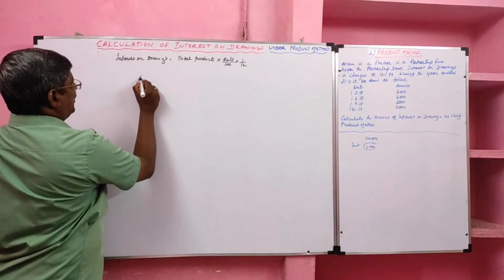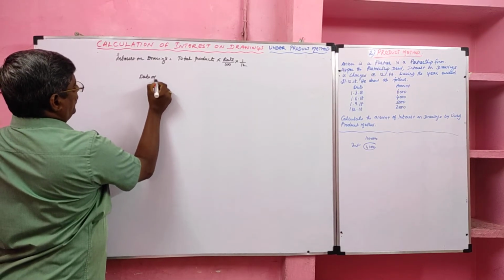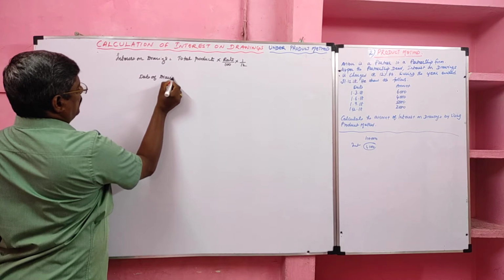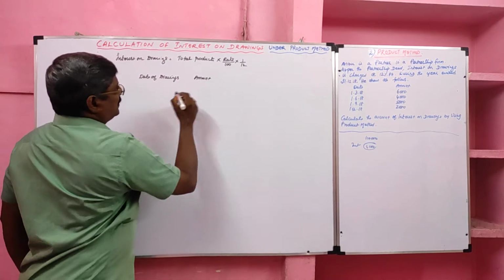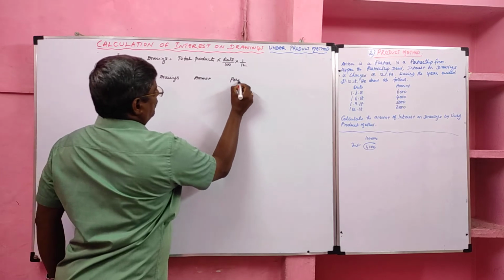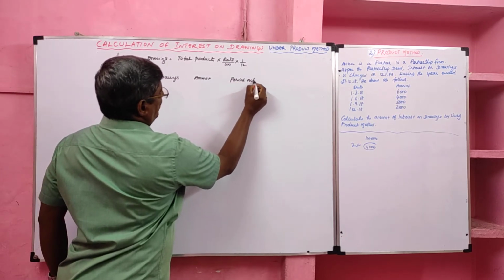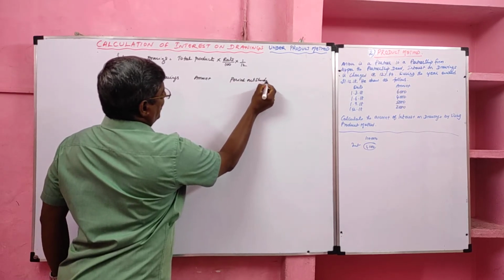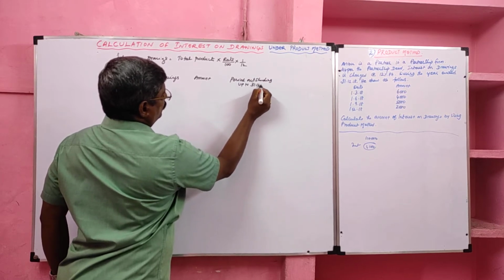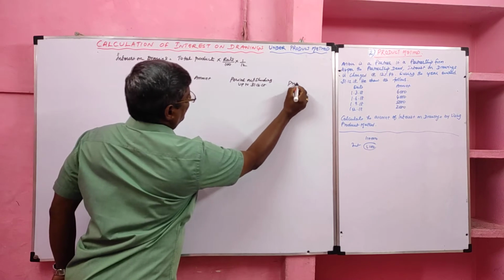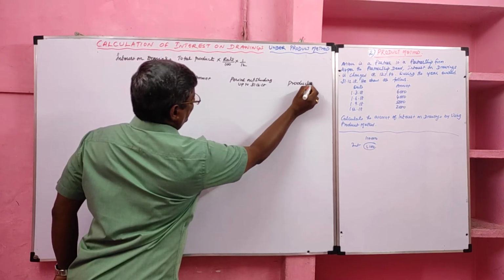For that we need the date of drawings. Second, the amount of drawings we need. Third, the period outstanding. Next we need the period outstanding up to the period ending, 31st December 2018. Then we can find products.